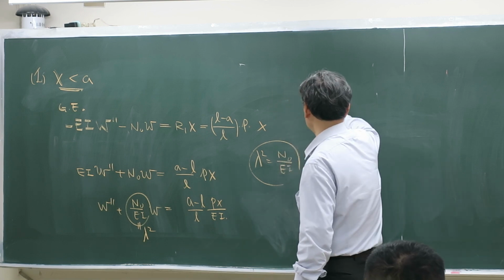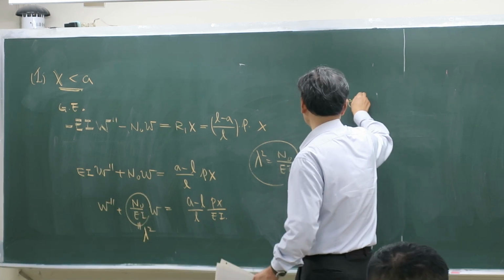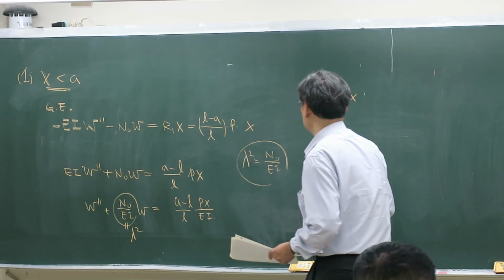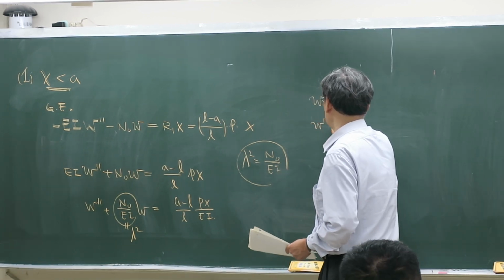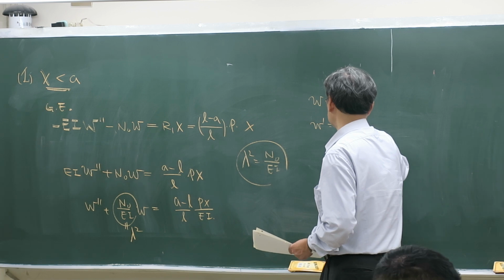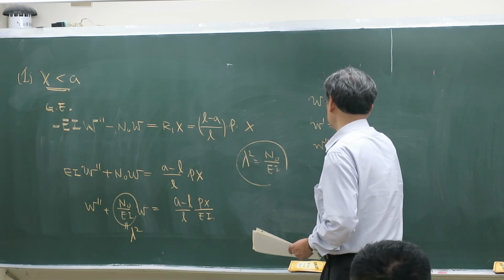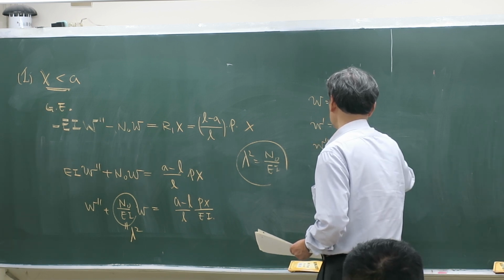Then I try W as exponential lambda x. So W prime is lambda e to the lambda x, and W double prime is lambda square e to the lambda x.